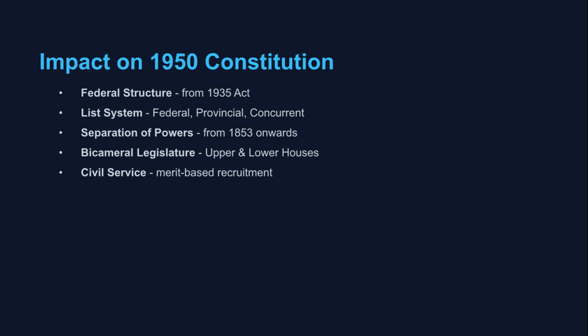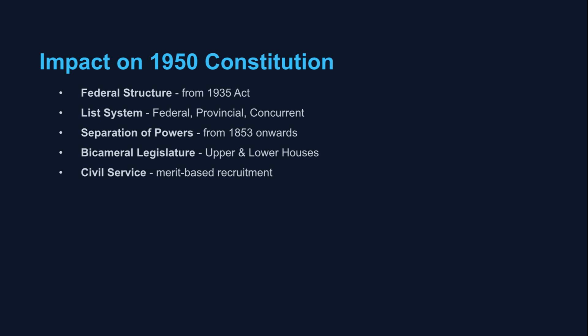Third, separation of powers. The principle that legislature and executive should be distinct originated in the Charter Act of 1853. Our constitution fully embraces this. Fourth, bicameralism. Our parliament has Lok Sabha, lower house, and Rajya Sabha, upper house, just as proposed in the 1919 Act. Fifth, our civil service system.